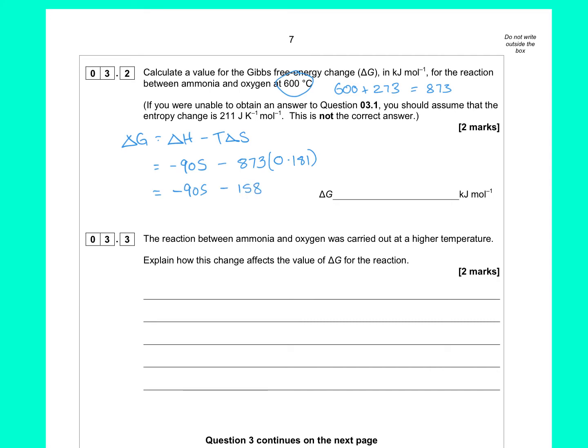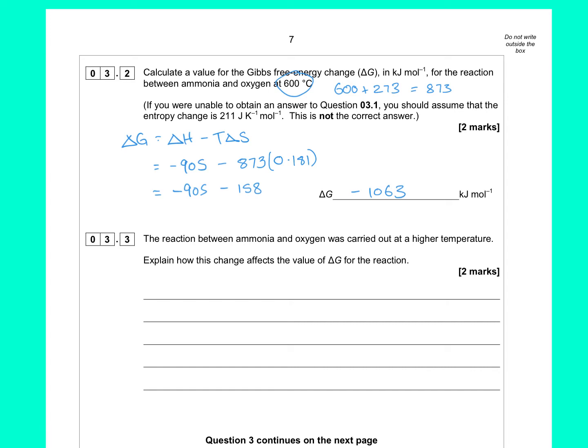So we get a final value of delta G is minus 1063 kilojoules per mole.